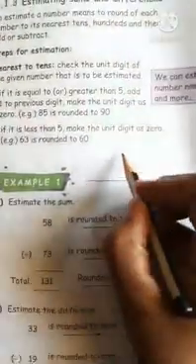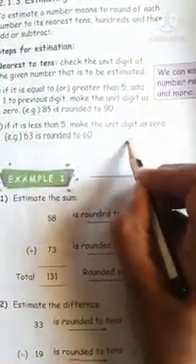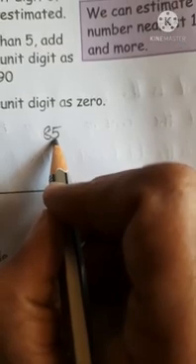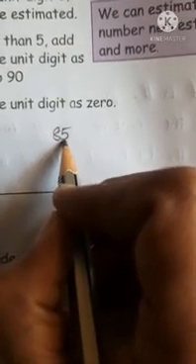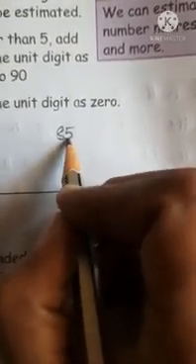For example, we have taken the number 85. Now we have to find the estimation of 85. What we have to do? Step 1 is, first we have to look at the ones place number.